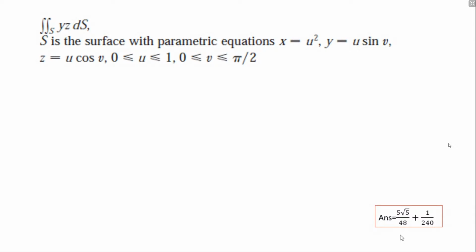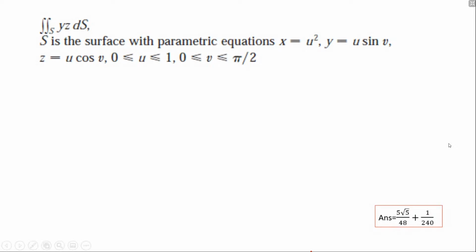So here we have x equal to u squared, y equal to u sin v, and z equal to u cos v, with u from 0 to 1 and v from 0 to pi over 2. The answer is already given: 5 over 48 plus 1 over 240.